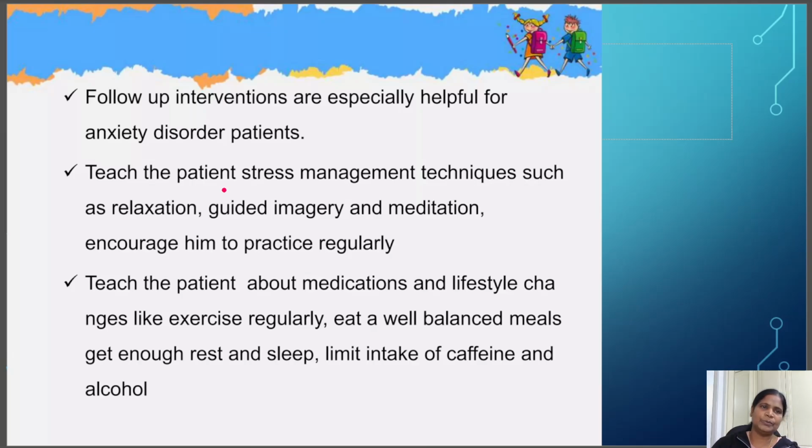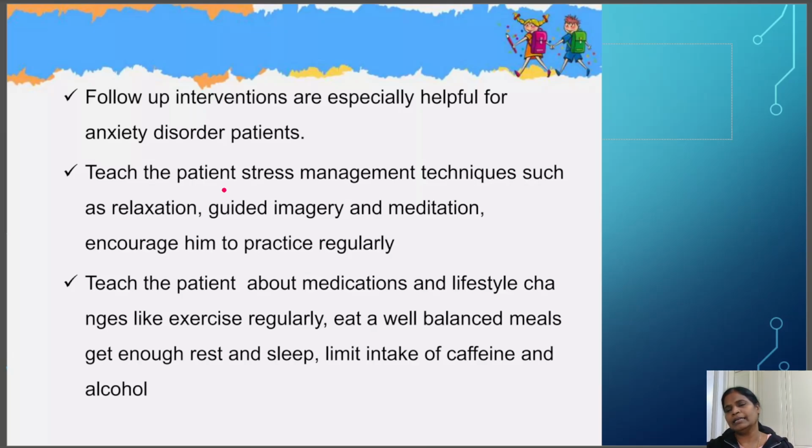We need to advise them on regular exercise, eating habits, having enough rest and sleep, and limiting their alcohol consumption and caffeine, because caffeine increases their heart rate, and alcohol also increases their stress levels, even though it relieves them temporarily. We also educate them on relaxation and meditation. So this is a small topic, but a very important topic.